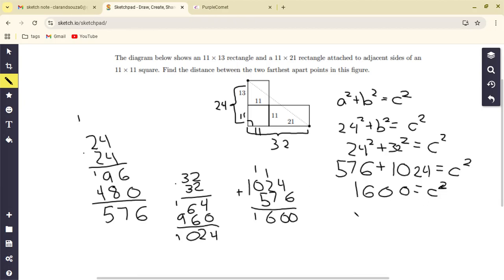So the way to square root it is to just take a square root of 1600 and take a square root of c squared. Let me just make this clearer actually.